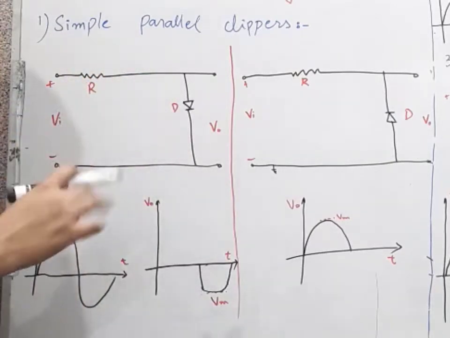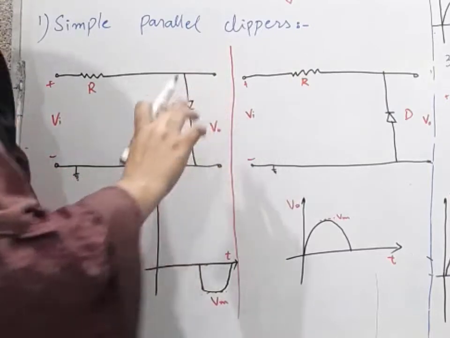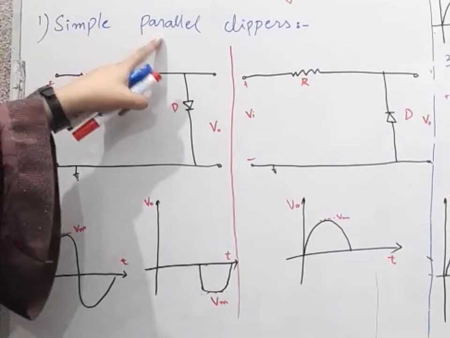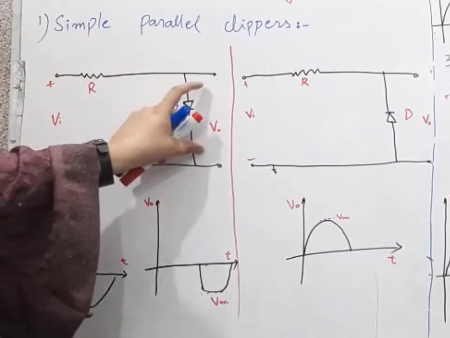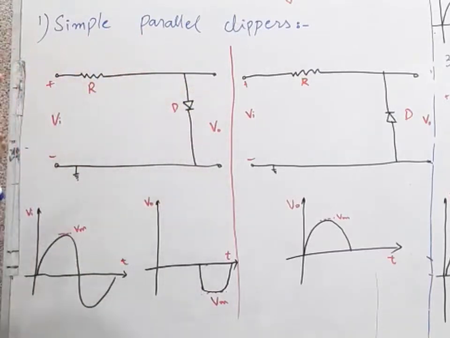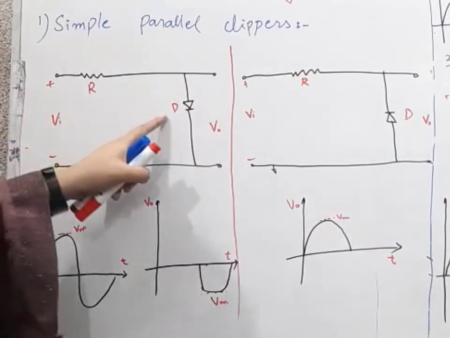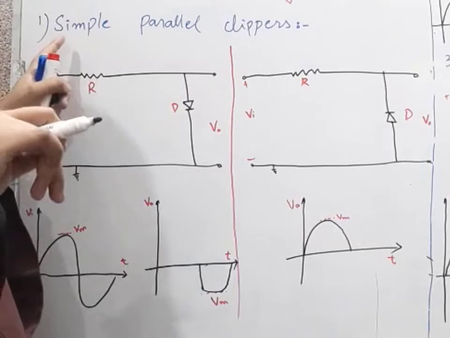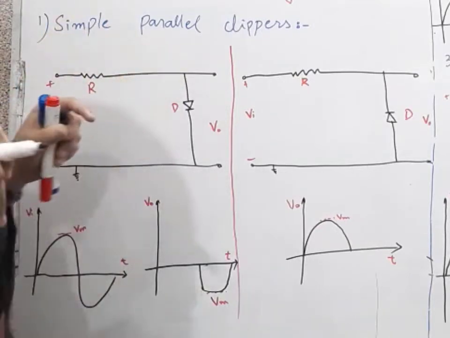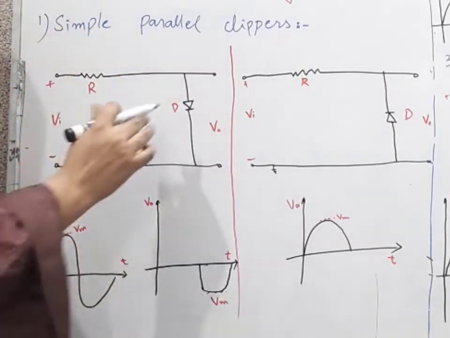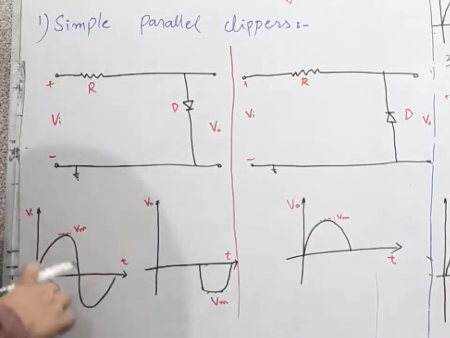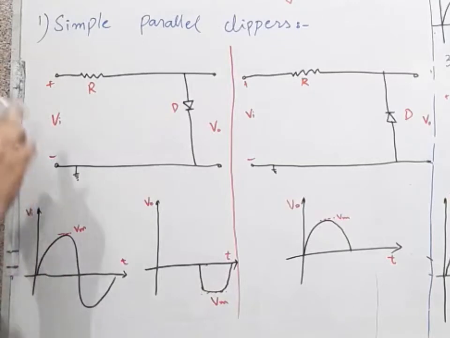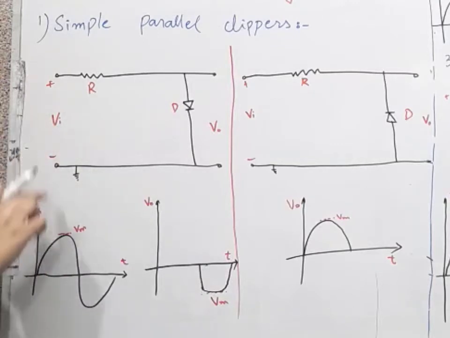When we get our output waveform across the resistance, we call it a series circuit. But when we get our output waveform parallel to the resistance, parallel to the diode, then we call it a parallel clipper. Now in this case, when the positive half cycle comes, there will be positive and negative.